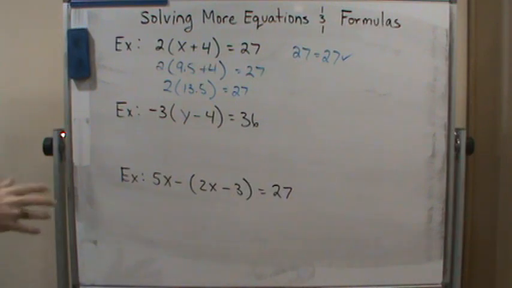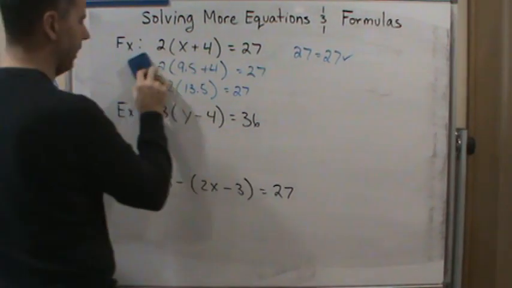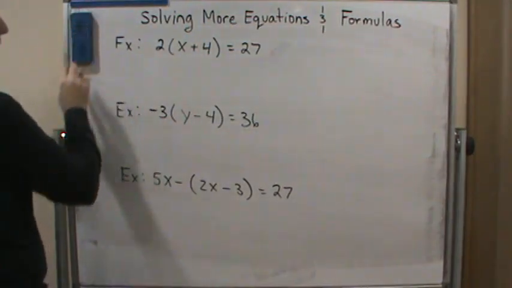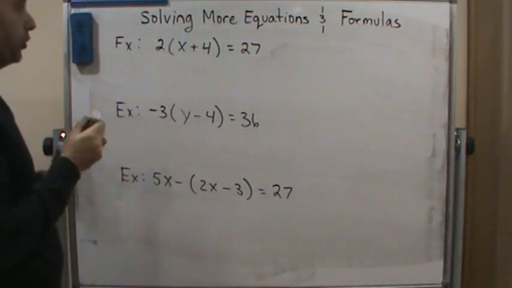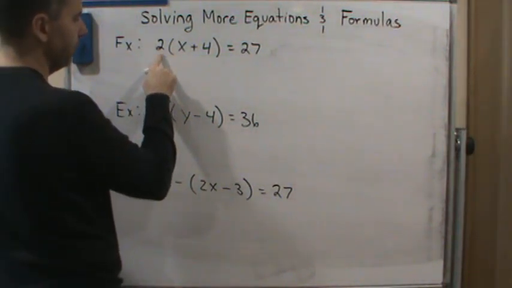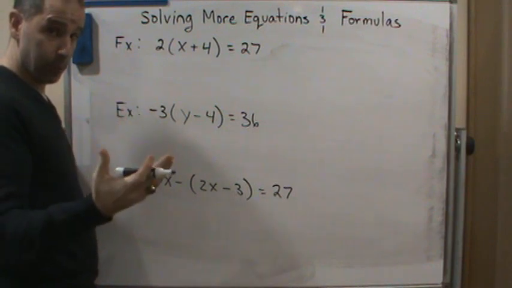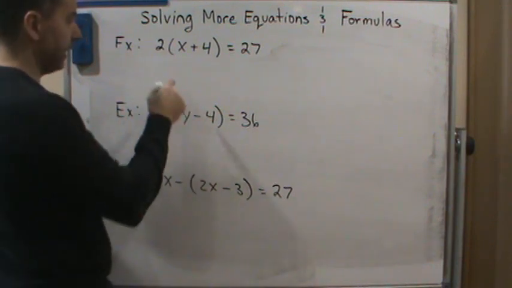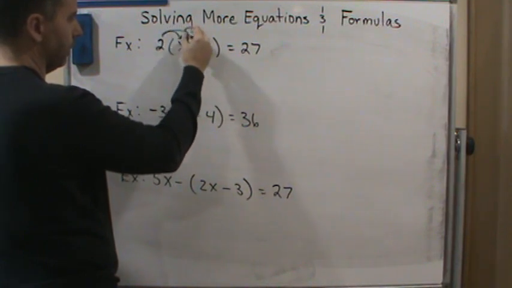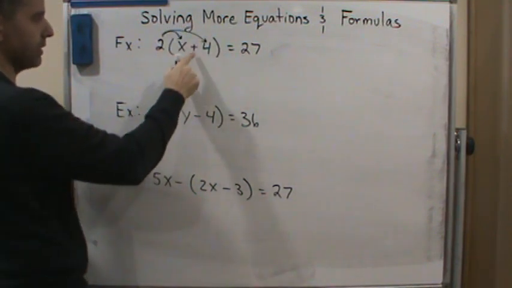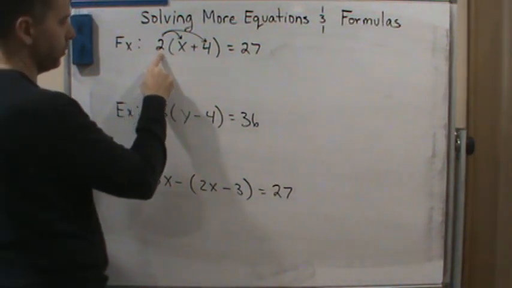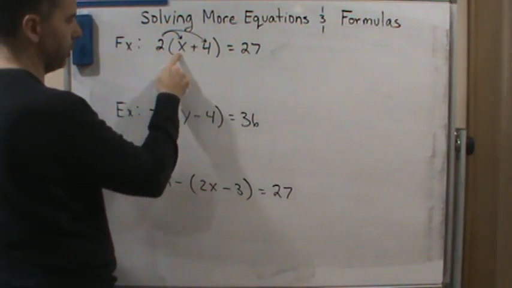Okay? Now, let's approach this problem differently. Now, what I could do is I could use the distributive property and I could distribute the 2 by multiplication across the plus sign. That's what the distributive property says. I can go ahead and distribute the multiplication to both terms here.